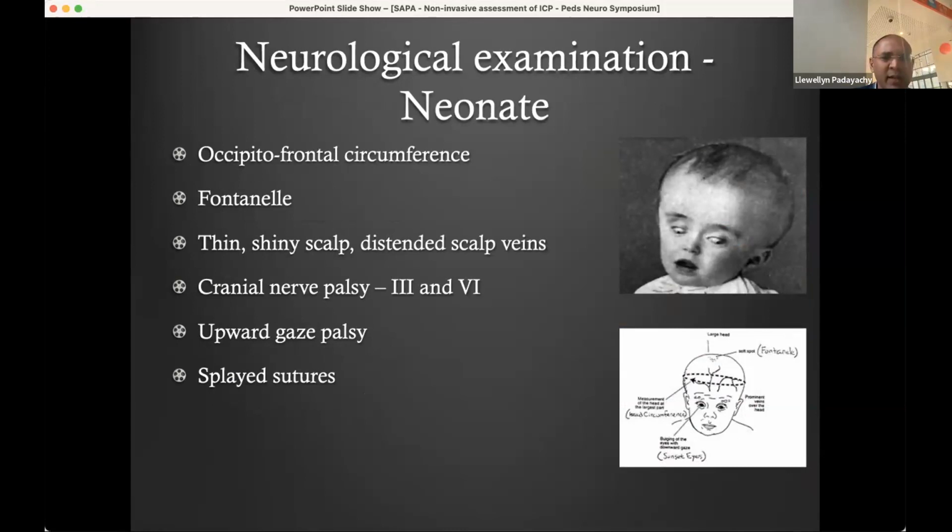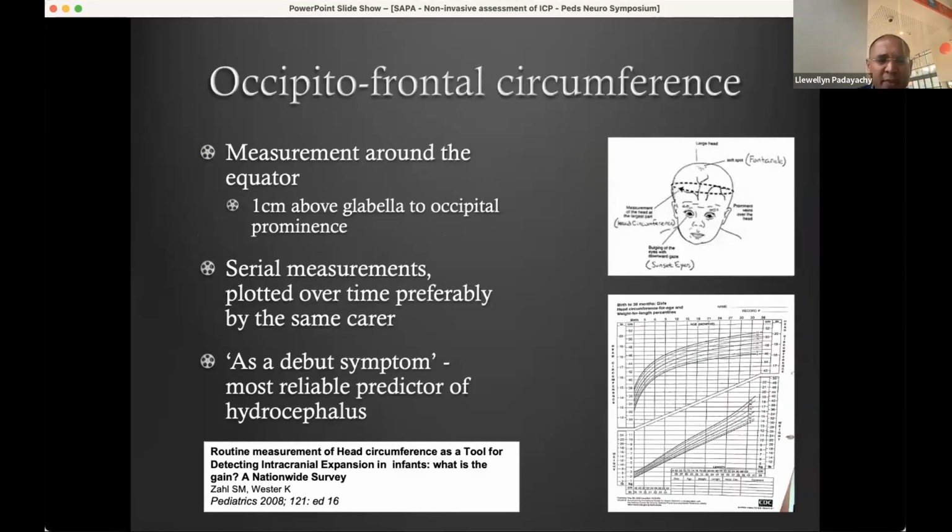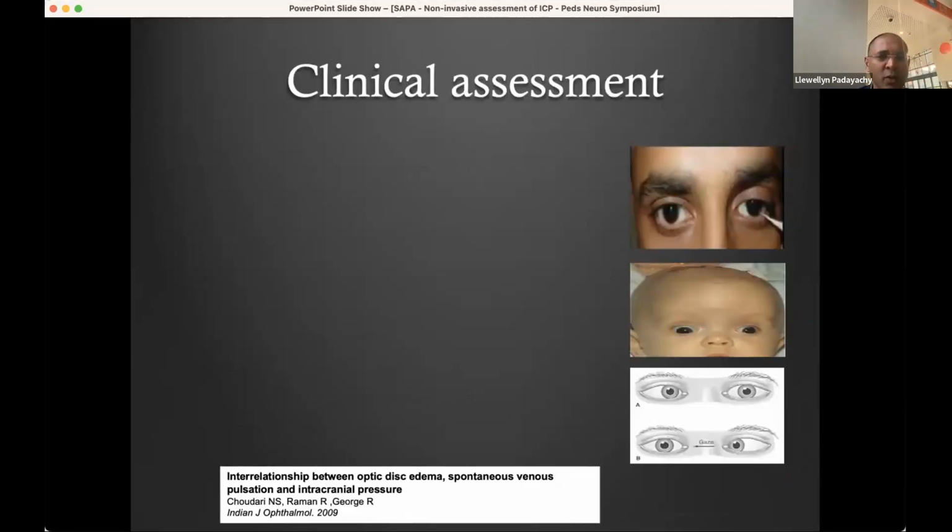Together with that, like I said, the fontanelle and what the scalp looks like, cranial nerve palsies and the splayed sutures. Again, measuring that just makes the point that the trend over time is more important than the absolute snapshot. There are numerous publications showing that this is probably your best clinical indicator of a child that's developing raised intracranial pressure, or at least a neonate with an open fontanelle.